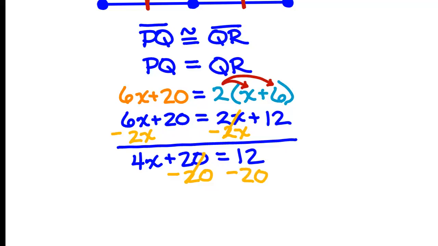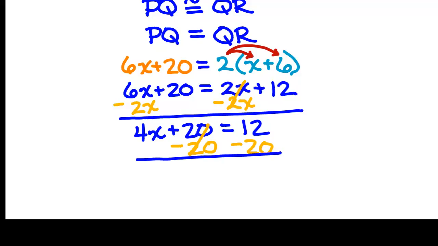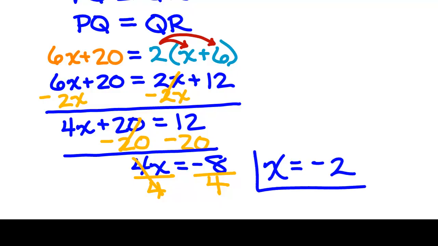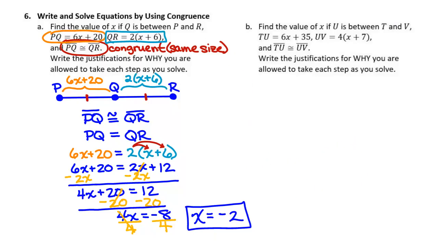What is 12 minus 20? Close. Negative 8, yes. 4x equals negative 8. Then we divide both sides by 4. And what is negative 8 divided by 4? Negative 2. So x equals negative 2. Very nicely done.